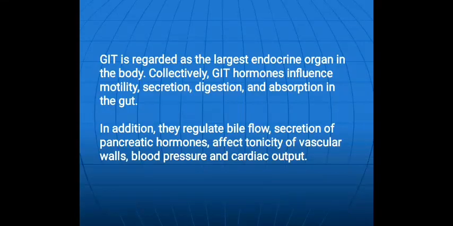In addition, they regulate bile flow, secretion of pancreatic hormones, and affect tonicity of the vascular wall. Tonicity معناه الشدة, المقاومة, الليونة في الوعاء الدموي, blood pressure and cardiac output.